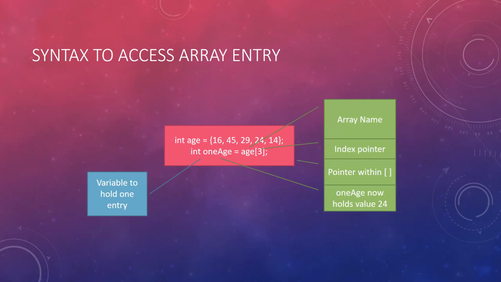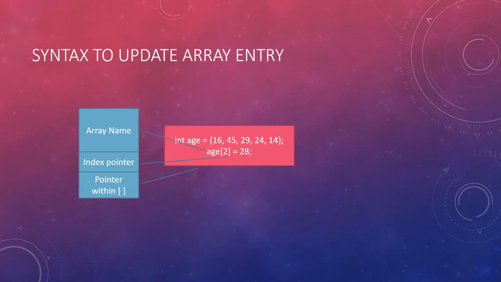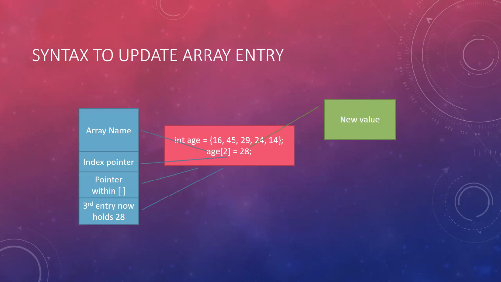Our pointer is going to be within the square brackets, and then our variable is going to hold the value at that location. Now, if we want to update the value at that age array, say at index position 2, we would specify age at index position 2 equals 28, and that would change the value. Again, we're using the array name, the pointer within square brackets, and our new value.